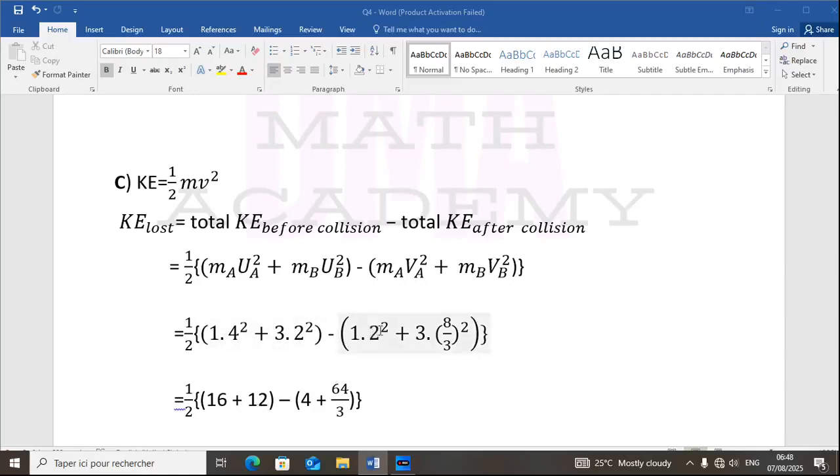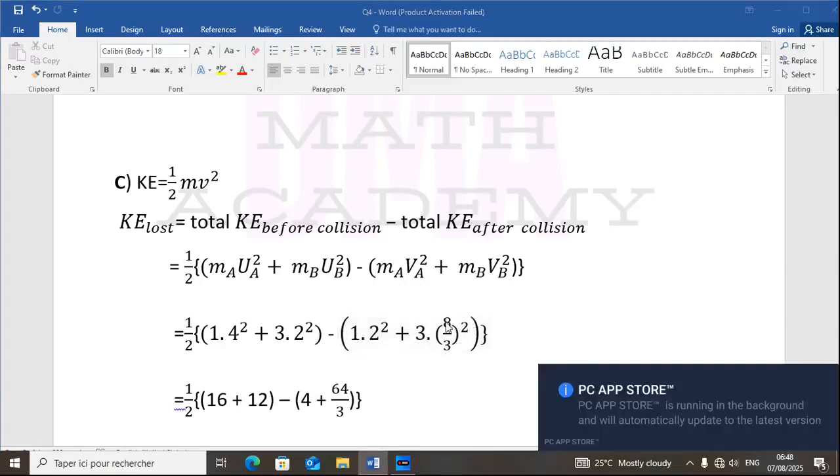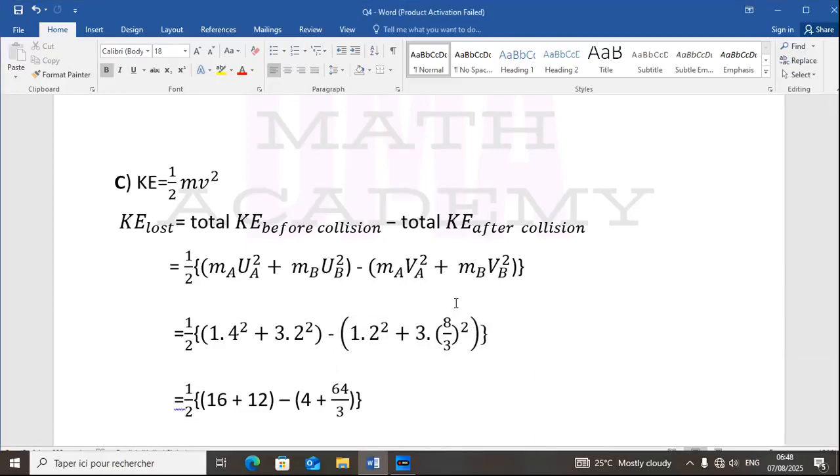Then 2 squared is 4 times 1, I'm going to have 4. Then 8 squared is actually 64, then 3 squared is actually 9. Then the 3 will cancel this 9, I'm going to have 3 back. So generally I'm going to have 64 on 3.